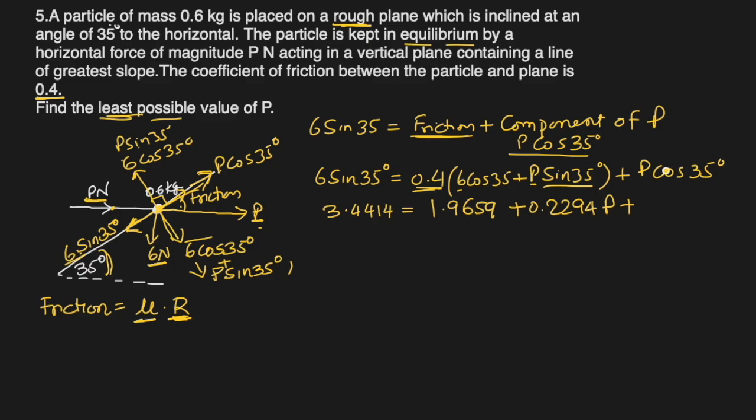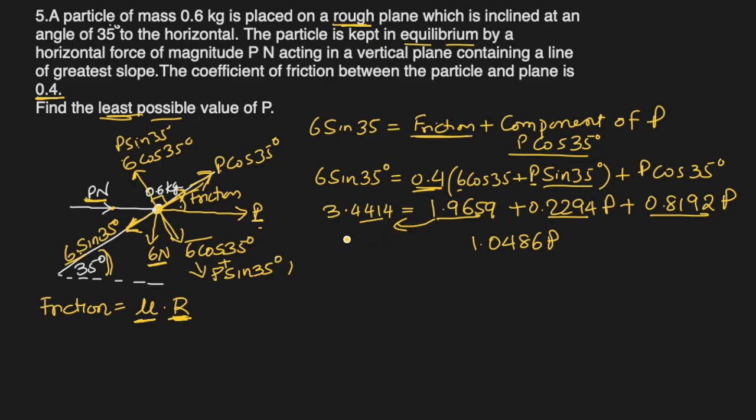Then we have cos 35 P. So cos 35 is 0.8192 P. So now we have P here, we can add them: 0.2294 plus 0.8192 is 1.0486 P. These two added, and this is what I got, and I will subtract this from this, because when it comes to the left it becomes negative.